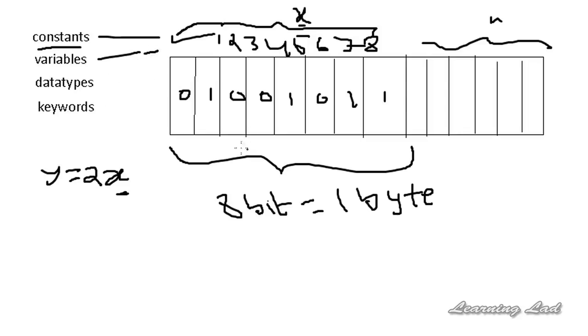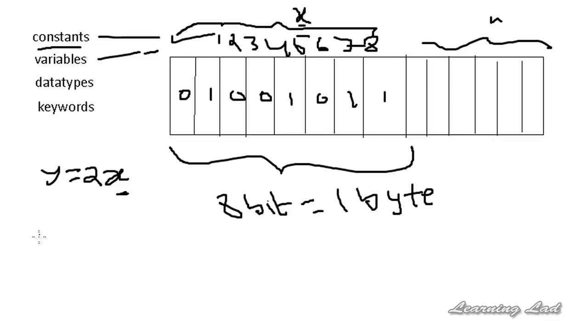Next is about the data types. When we store some values in our memory locations and give some name to them, the compiler wants to know what type of data we are storing in that variable or memory location. So the type of data stored in a variable is called data type.